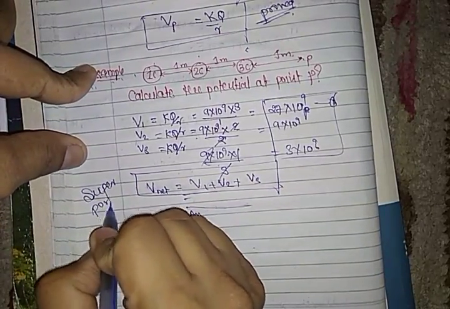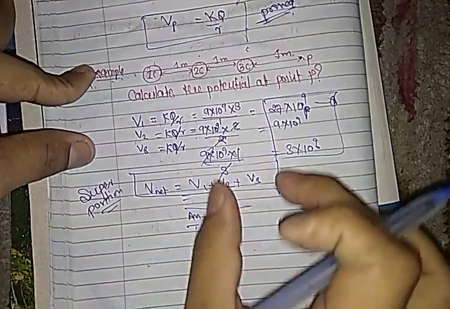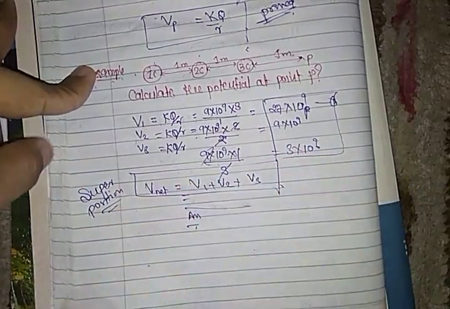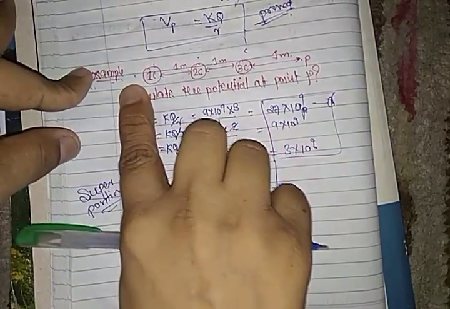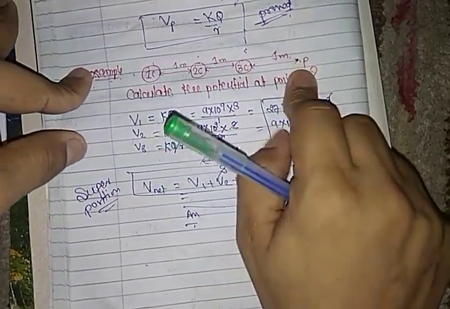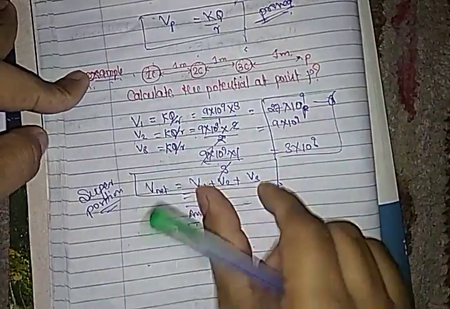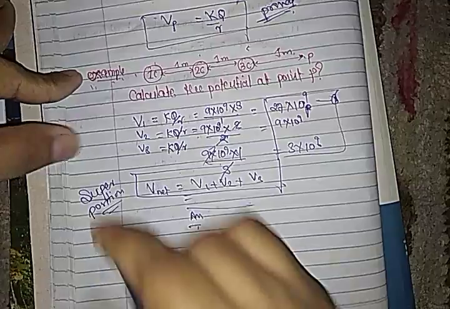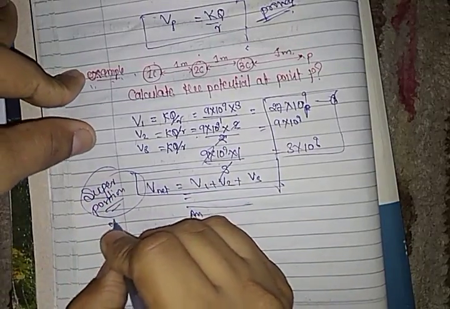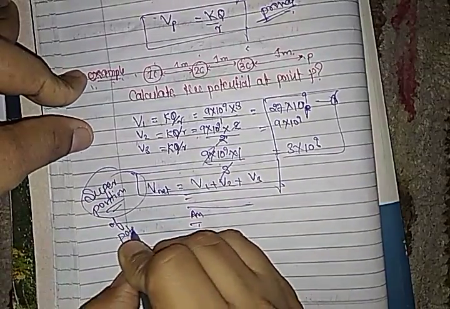Superposition means addition, the summation of all the potentials because of all the charges at the same point. That is called superposition of potential.